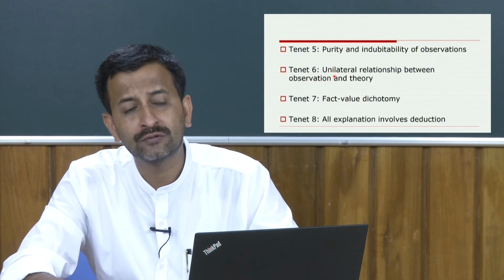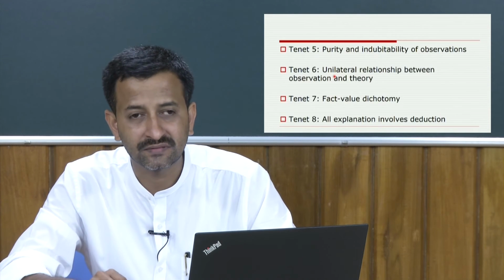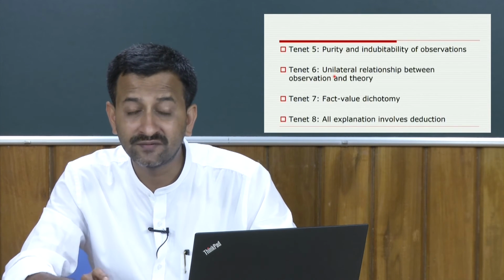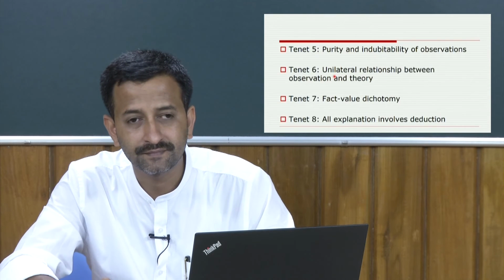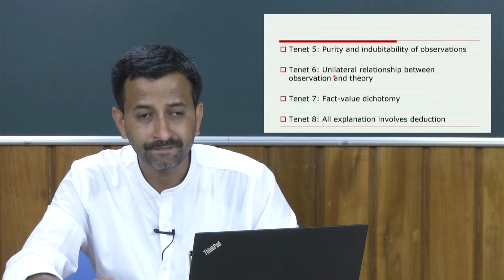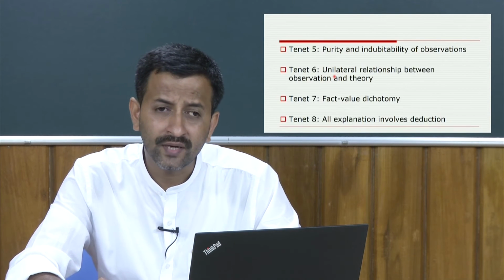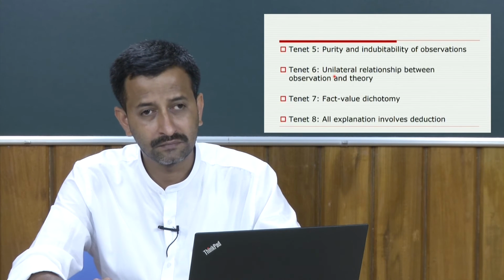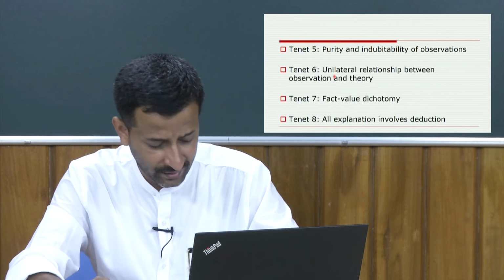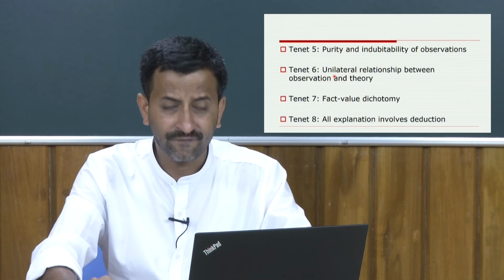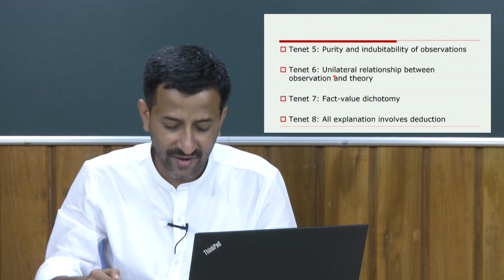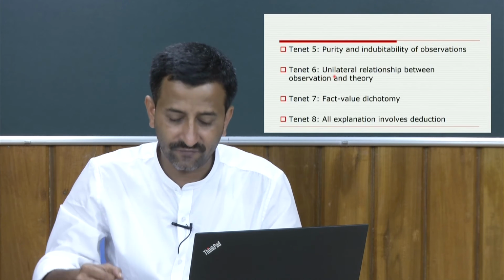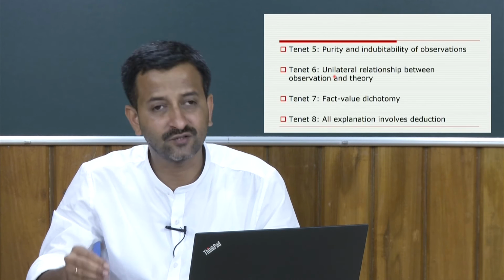Essentially they constitute an incommensurability thesis. They are not commensurable with each other. That is why there is a dichotomy between fact and value. I mean that our factual judgments are value neutral and our value judgments have no factual content.